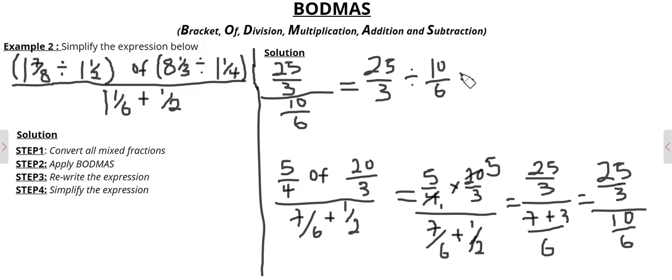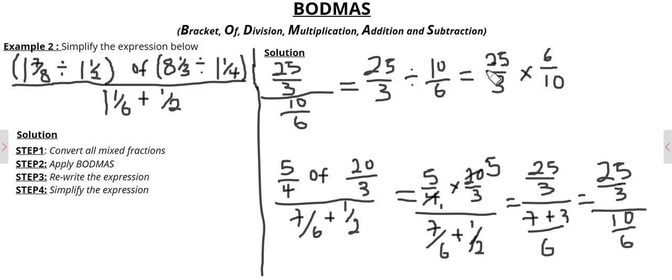So when we change it, we have 25 all over 3, correct? The writing is so bad. Then we have multiplication here, which is multiplied by, once we change the sign to multiplication, we invert this part of it. So we're going to have 6 all over 10, correct?